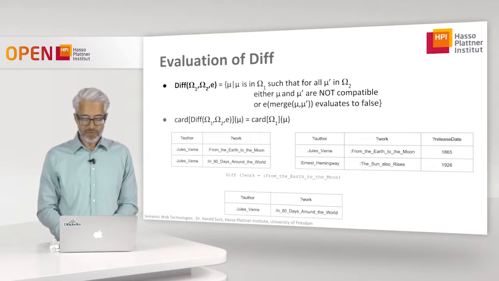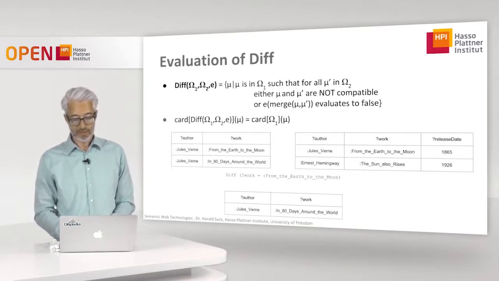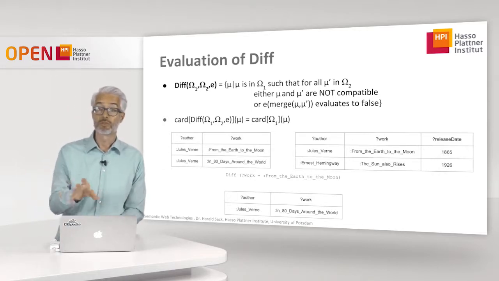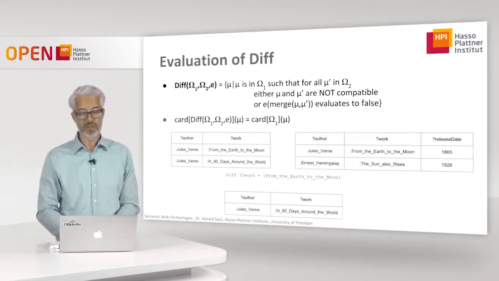So the difference of the two tables in the end is the table that only has Jules Verne and the work Around the World in 80 Days as the result set. So this is the difference of two multisets combined with a constraint that might be given here.